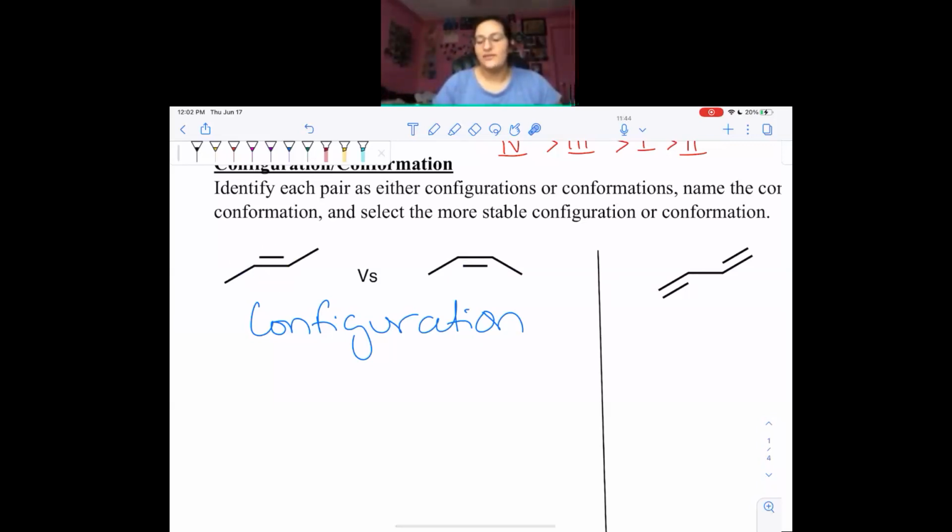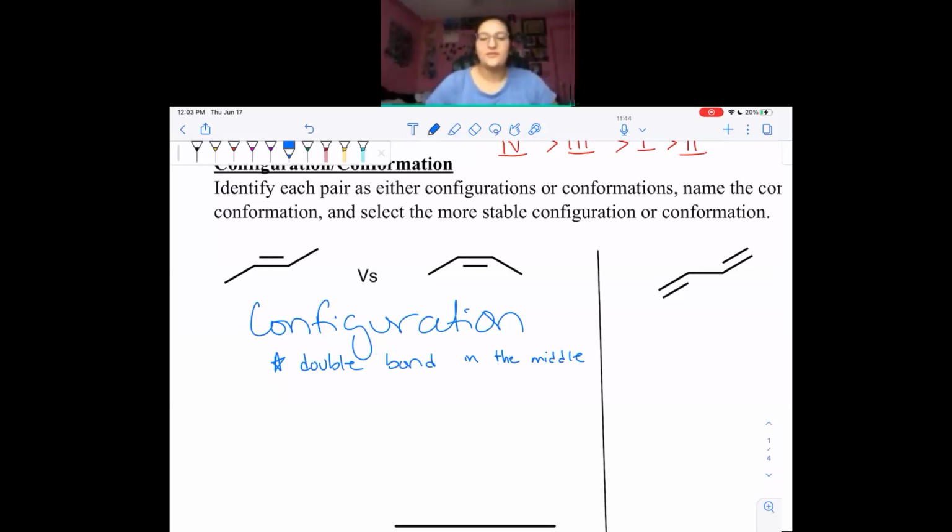So that's when we have the double bond in the middle. So configuration, double bond in the middle. I didn't give myself enough room, but again, what else is new? The other way I say this, that's kind of silly, but here we basically have a single bond sandwich with a double bond in the middle.